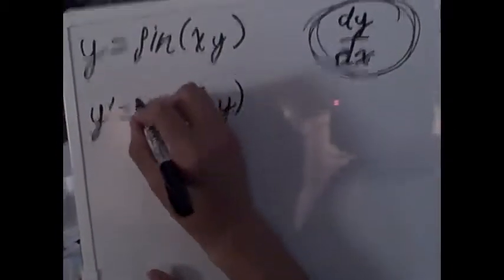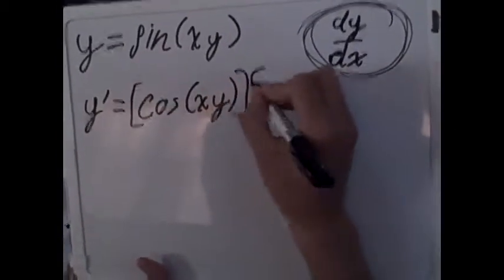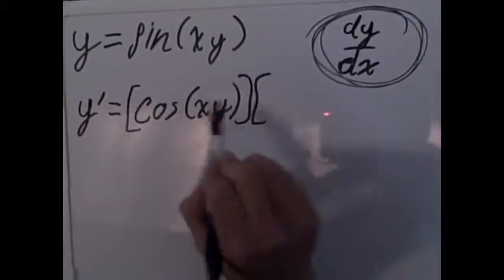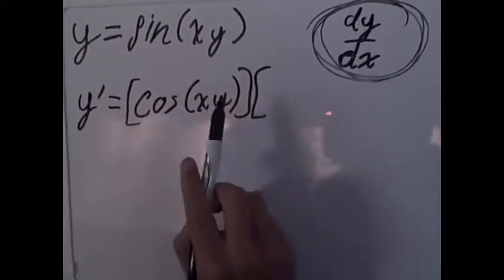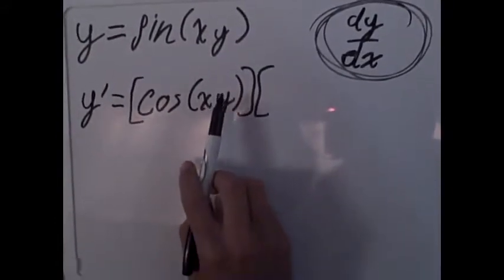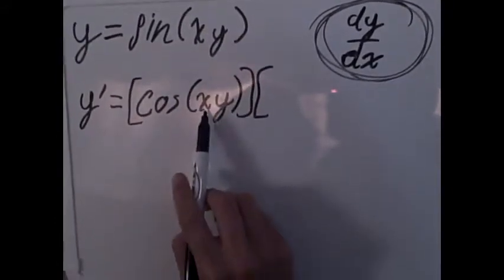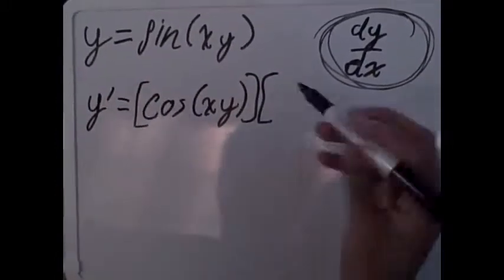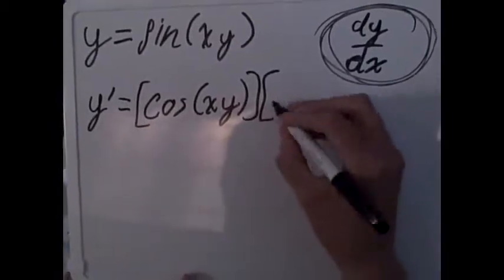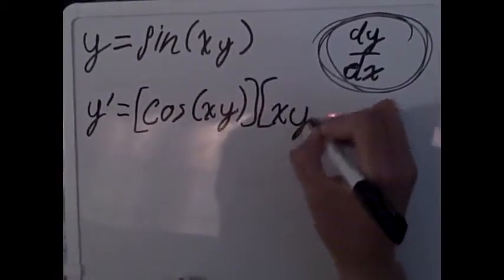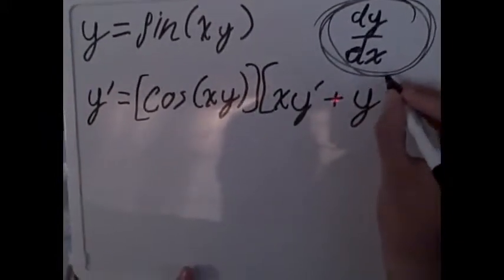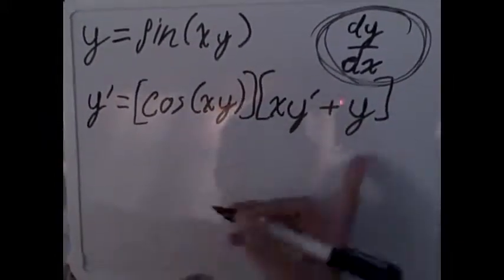So we get cosine xy times, and it's a chain rule where you have to use the product rule to derive it. So this is a product rule, so we're gonna go with x y prime plus y. So this is what we'll get.